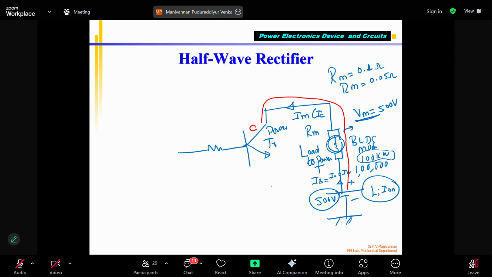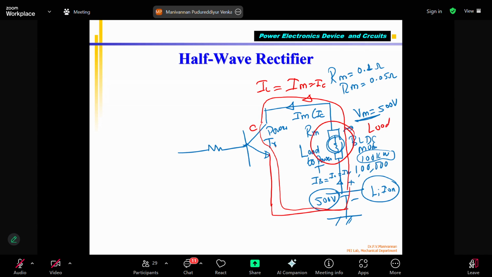This is the collector, and this will be connected to this. Current will enter, flow through, the circuit is closed, current is flowing. This is my IM equal to IC, also sometimes called collector current or load current. Why? My motor is a load. Motor resistance, coil resistance is the load.